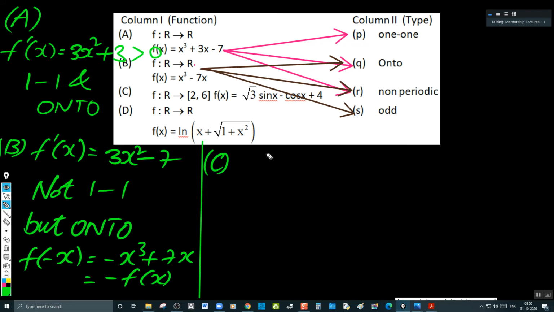If you see the range of it, trigonometric expression a cos theta plus b sin theta plus c. Range is equal to c minus root a square plus b square comma c plus root a square plus b square. So 4 minus 2, 2 and 4 plus 2, 6. 2, 6. That's why he gave the range as 2, 6.